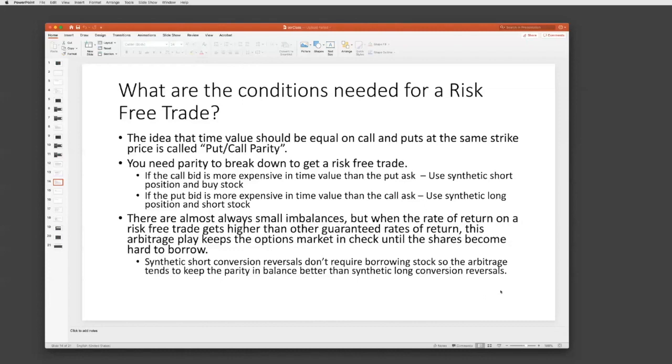If you're creating your own strategies and you see these kinds of imbalances out there, these imbalances can affect the credit on your credit spread when you're doing them. The easy thing to say is you want to sell high volatility or sell high time value, and you want to buy low time value or buy low volatility.